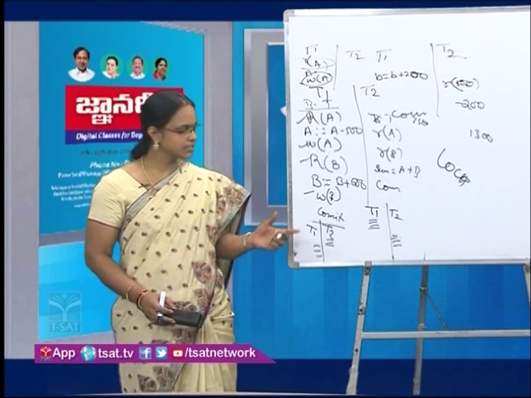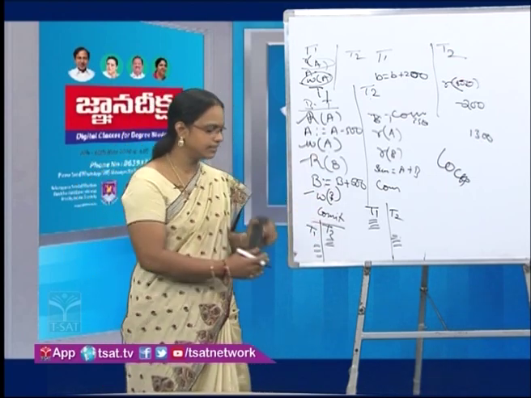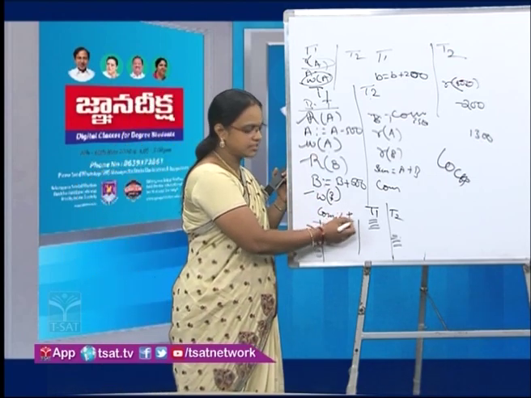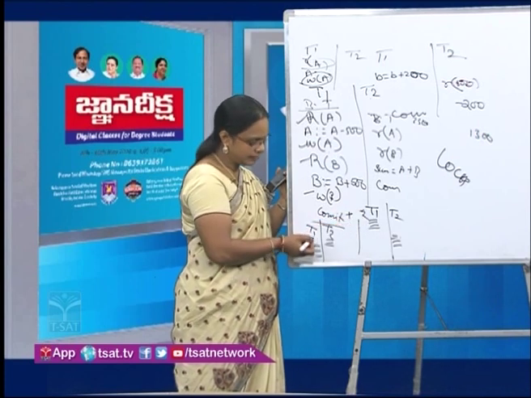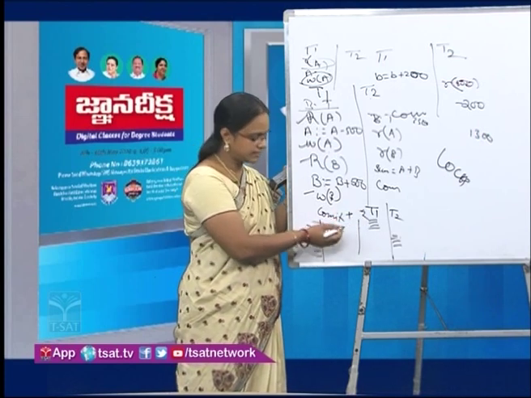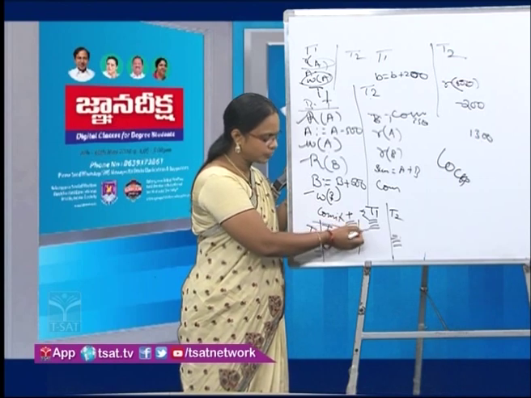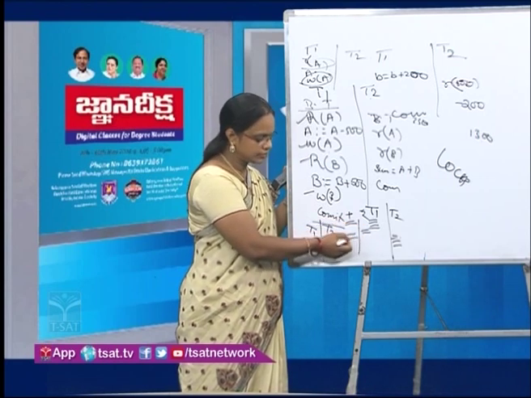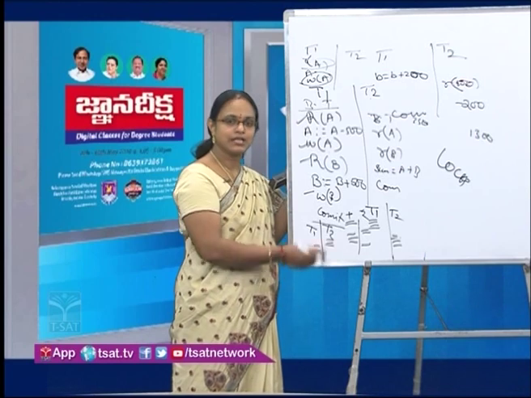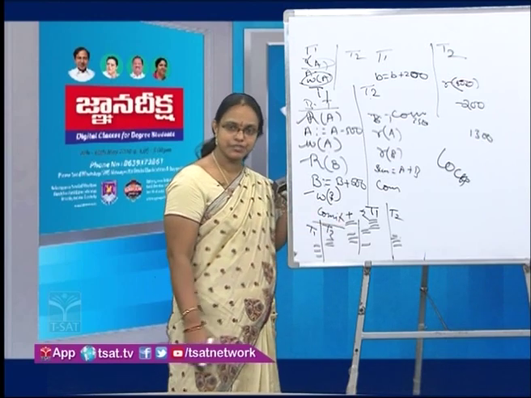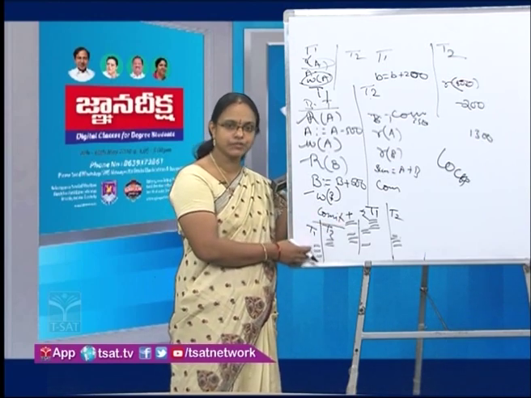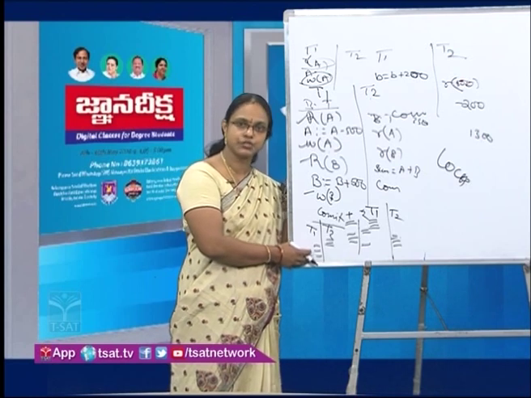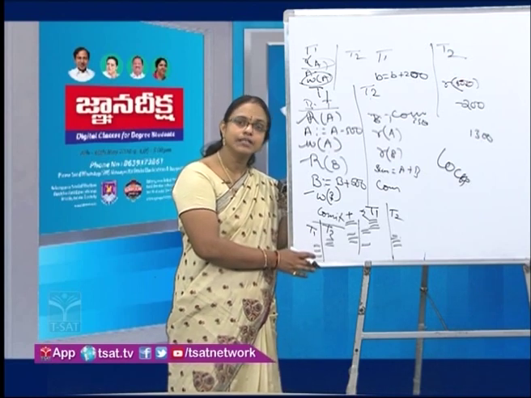Even if the transactions execute concurrently, meaning two transactions are executing simultaneously. How many lines are there in T1? 6 lines are there. Maybe only 2 lines executed, then 2 lines of T2, then 3 lines of T1, then 1 line of T2. Like this. This is called concurrent execution of transactions, whereas this type of execution we call serial execution of transactions.